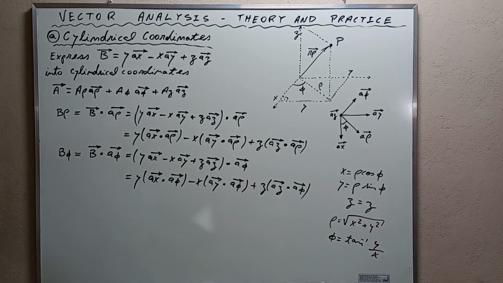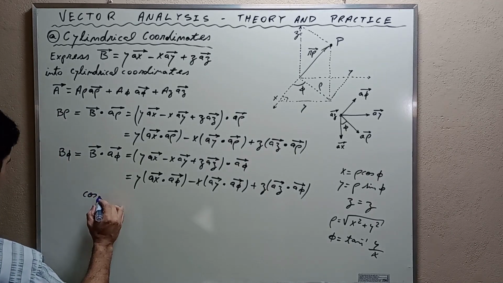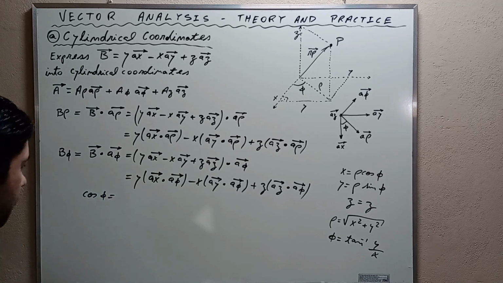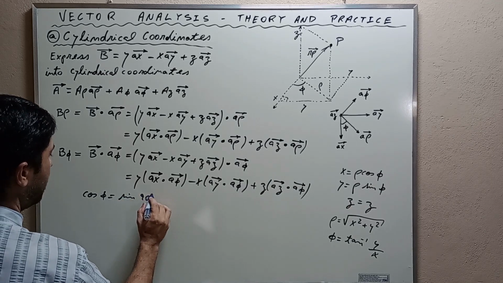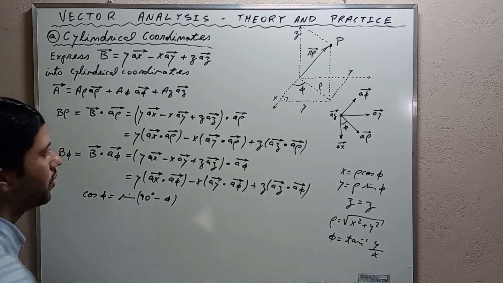Returning to the exercise and consider that the cosine of phi is equal to the sine of 90 degrees minus phi, okay?